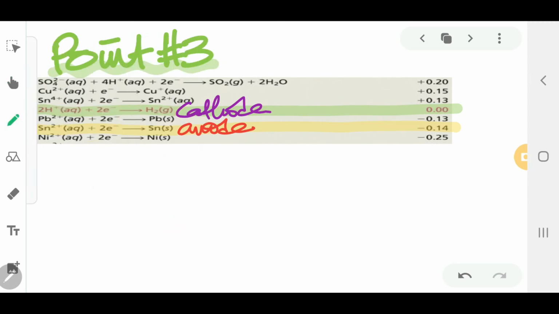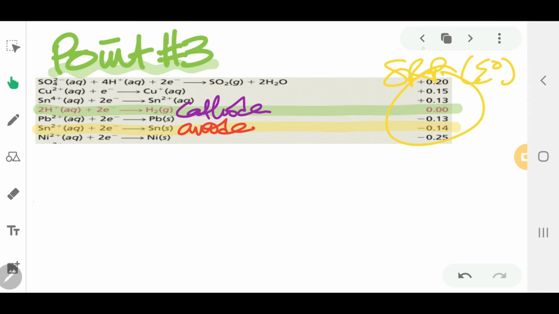Remember, again, I would like to emphasize the value that you have there is the SRP value, or E naught cell. So it's very important for you to be able to know what is the purpose of having the knowledge of which one is going to be more negative in the value of SRP and which one is going to be more positive, because from there you would be able to determine which one is going to be the anode and which one is going to be the cathode.